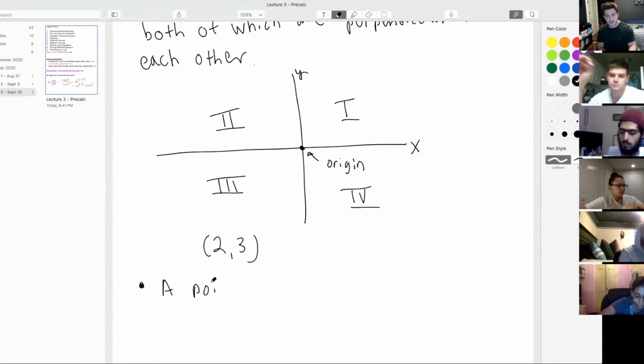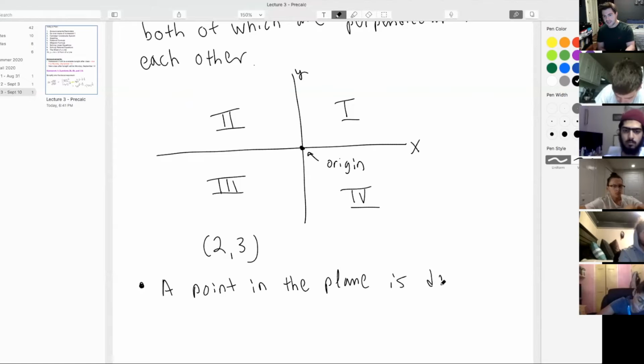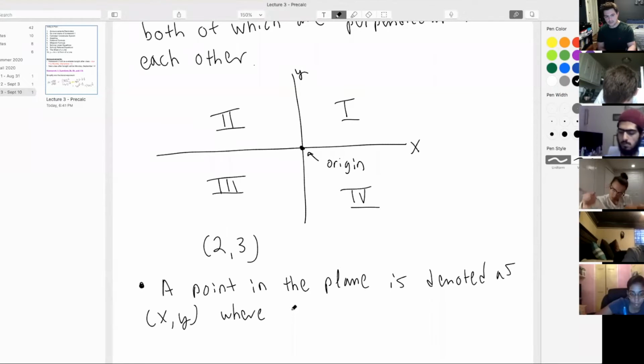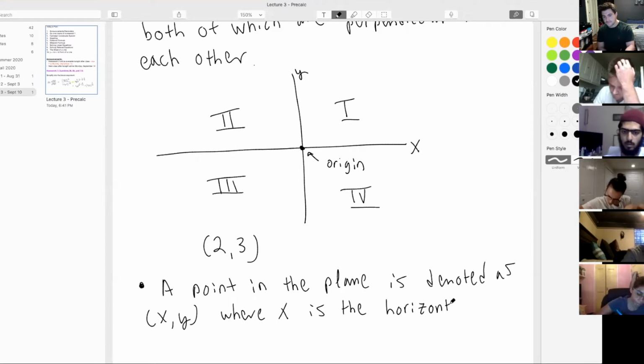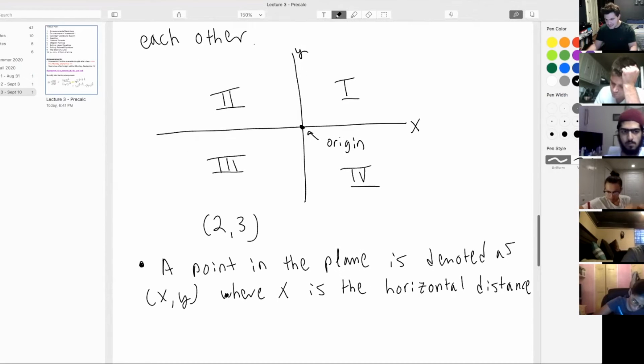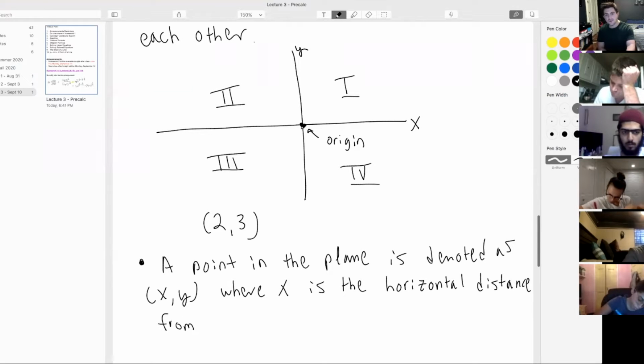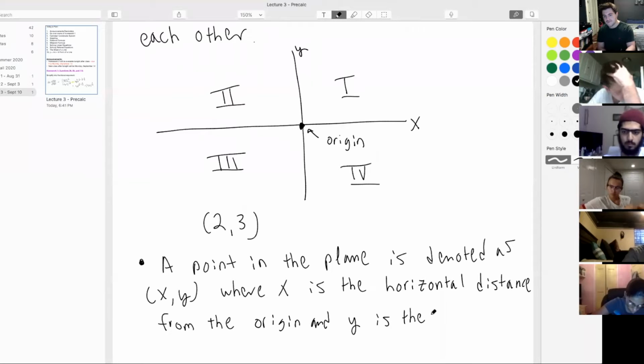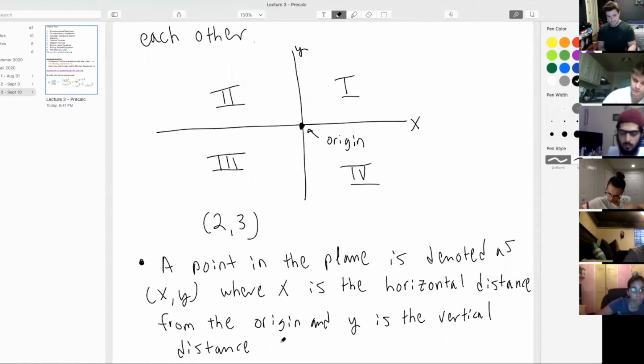So just quickly, a point in the plane is denoted as x comma y, where x is the horizontal distance from the origin, so from this middle point here where the two axes cross, and y is the vertical distance from the origin.